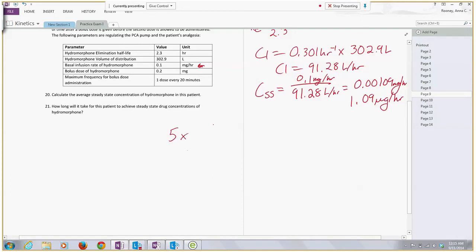So I'm just going to take 5 times the T half-life, which is up here, and that's 11.5 hours. I assume that that is correct because I don't think we went through this in class.